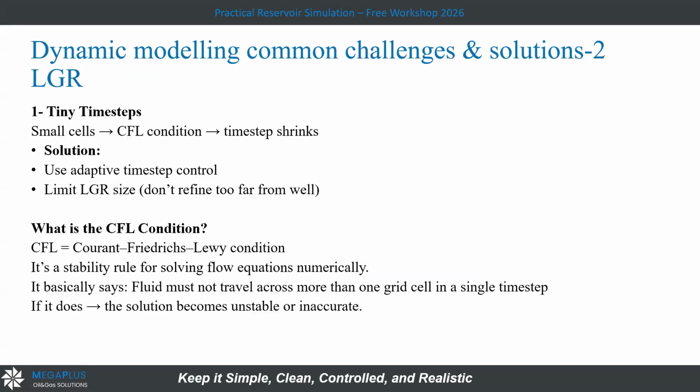of four things when I make these LGRs: the tiny time step, to avoid something called the Courant-Friedrichs-Lewy condition. What is this? Imagine if we have fine cells and a high time step. What will happen? The flow will change across the cell, and with a very big time step, we could have a flow in the cell not recognized by the time step.